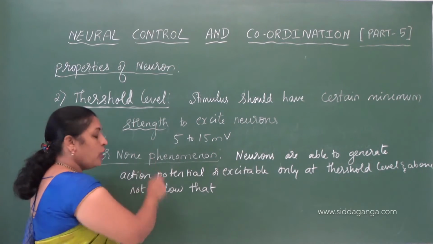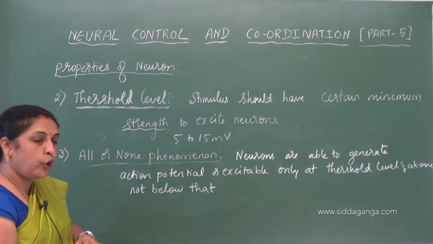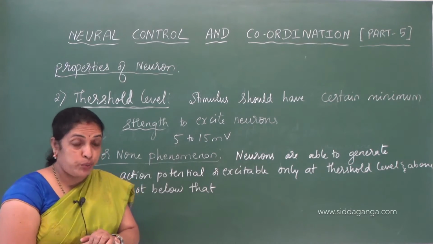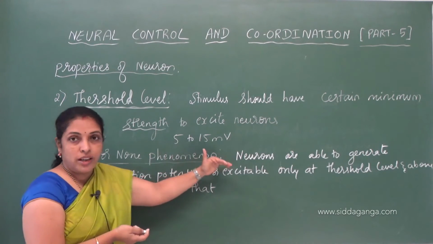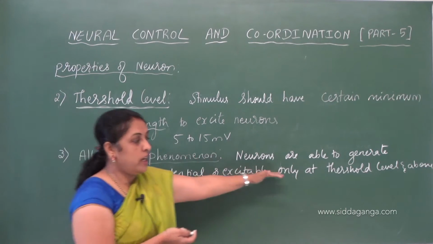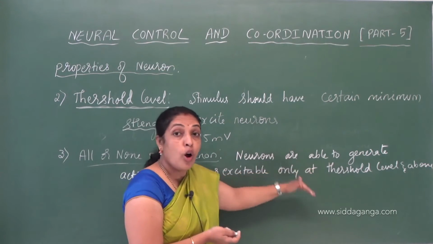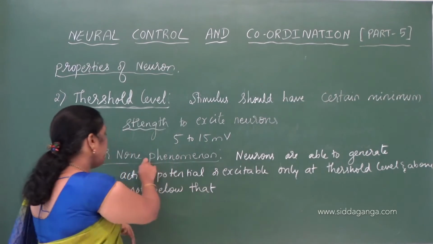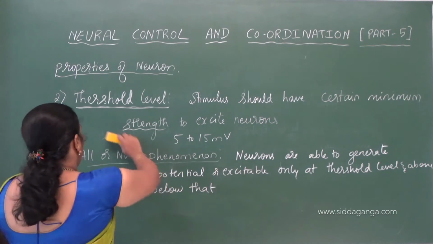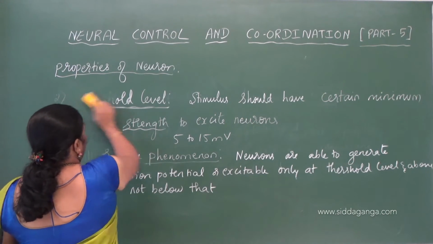There is no weak stimulus or partial stimulus. So neurons generate action potential only at their threshold level or above, not below that. That is nothing but the all or none phenomenon. Next property of neuron.